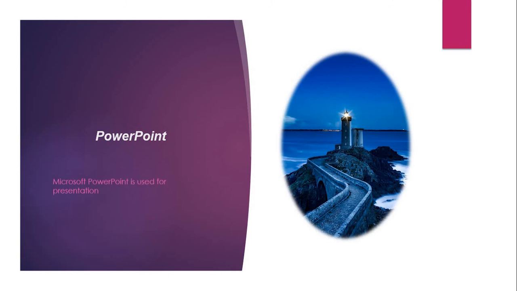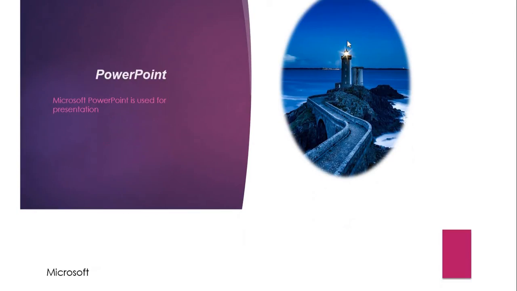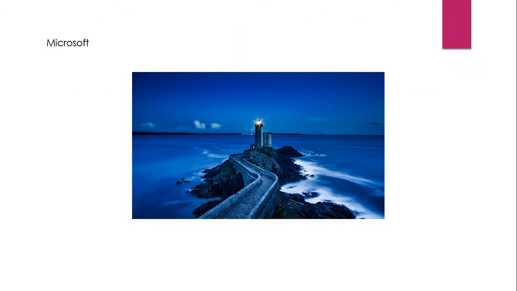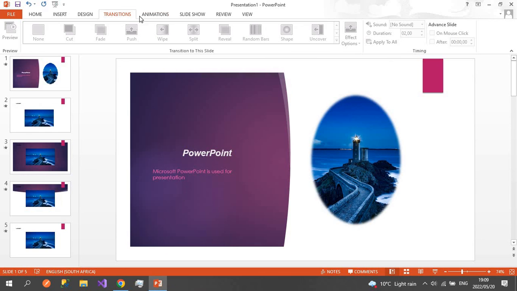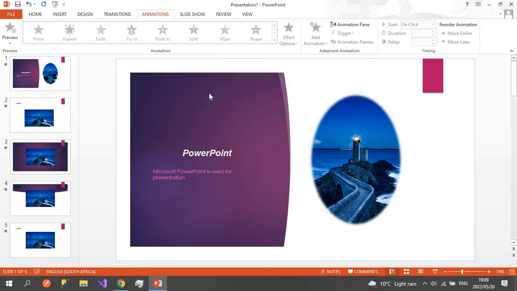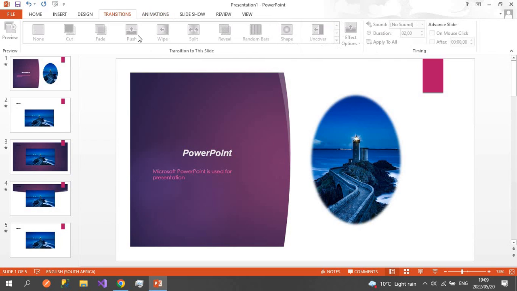You click the next button again, another animation will come in. So each time you press the button, the animations come in order: first animation, second animation, and so forth. So that's the animation. Like I said, the animation is used directly on your content, and the transition is for your whole slide, right?